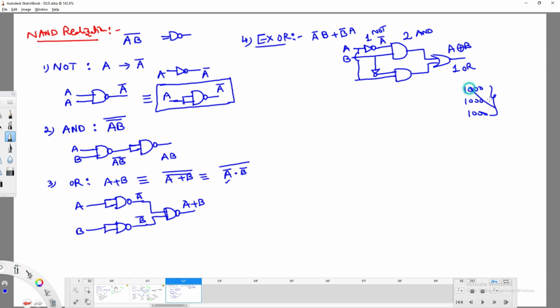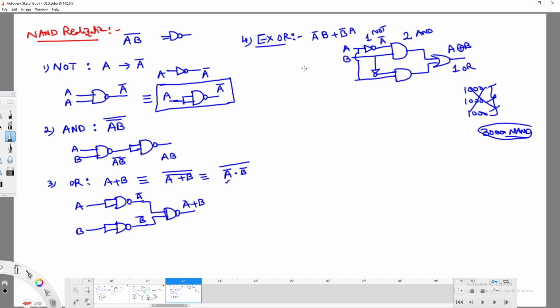That's the reason. If you implement everything in one kind of gate, then the company will produce only 3,000 NAND gates instead of producing some AND, some OR and some NOT. They will produce all NAND gates, so there is no loss, there is no problem for them, right? Okay, fine. Now we'll try to represent this XOR gate in terms of NAND gate. How to do that, we'll see.